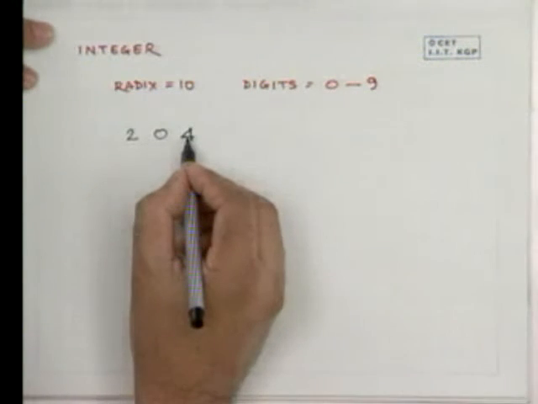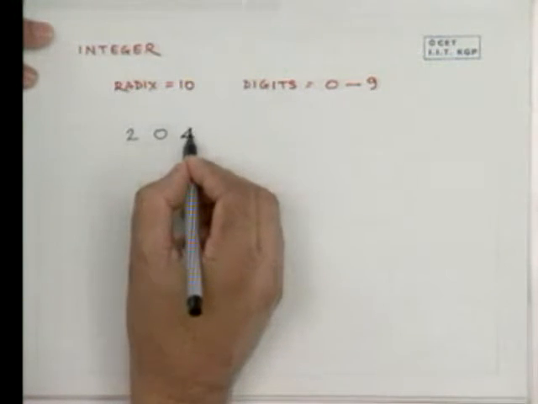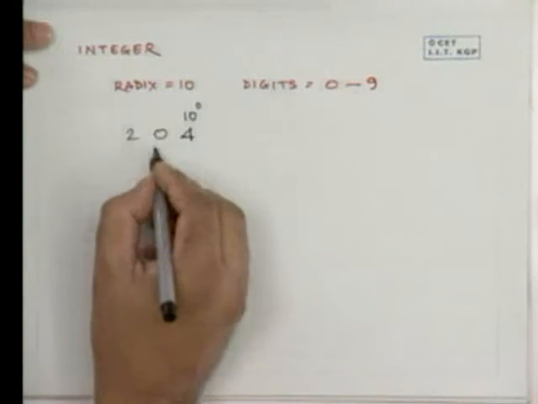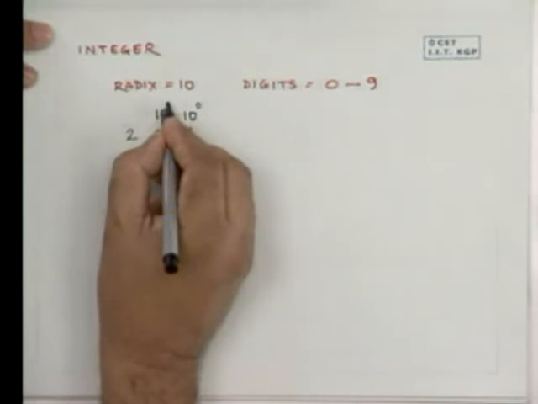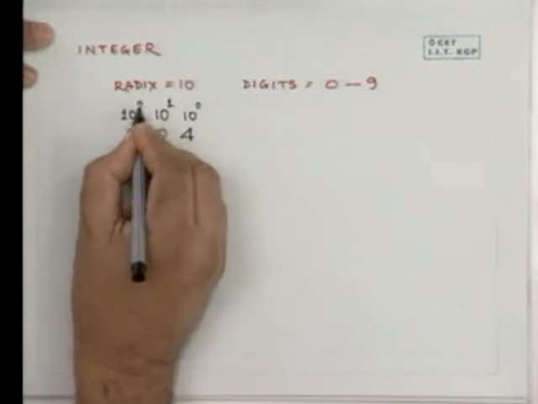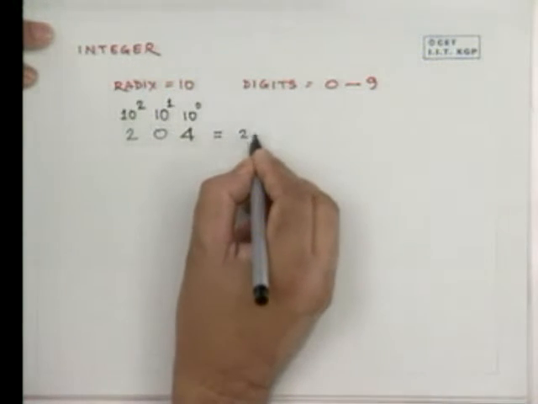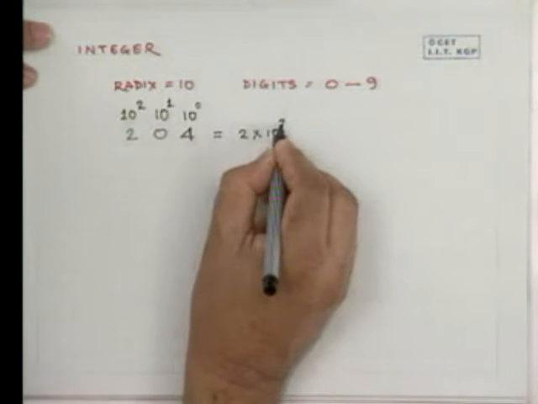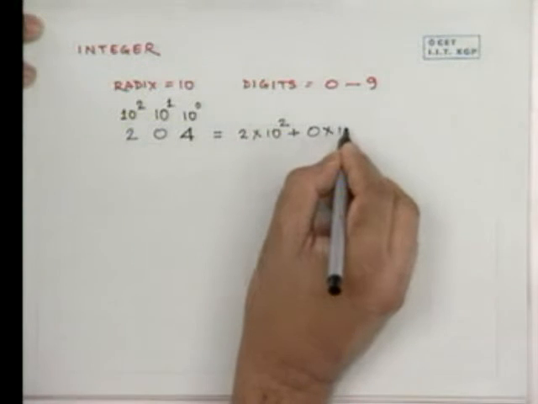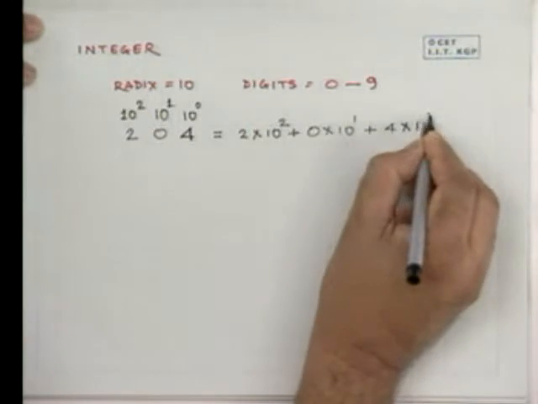By that, every digit position has a weight. The 0th digit position has a weight of 10 to the power 0. The first digit position has a weight of 10 to the power 1, and this has a weight of 10 to the power 2. And this number therefore is 2 into 10 to the power 2 plus 0 into 10 to the power 1 plus 4 into 10 to the power 0.